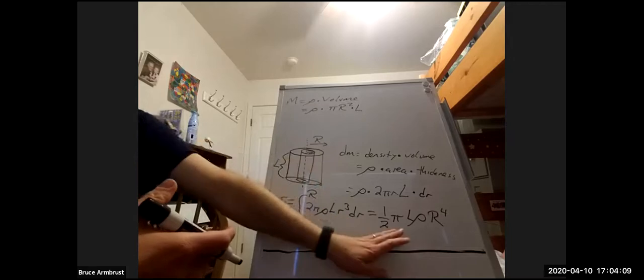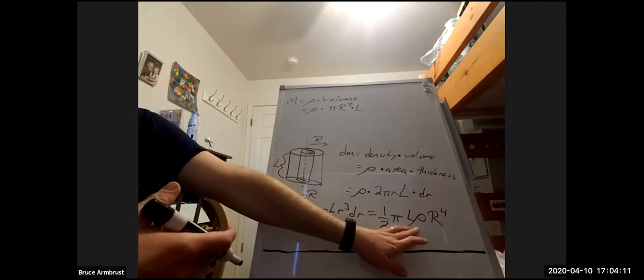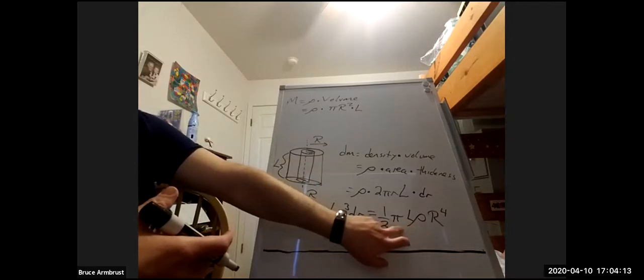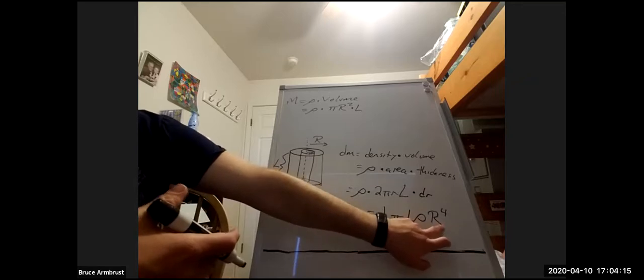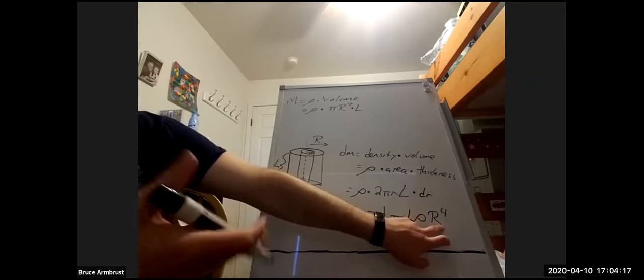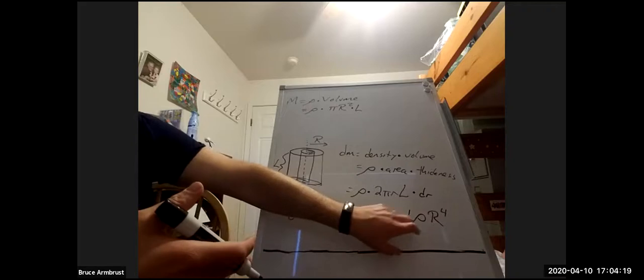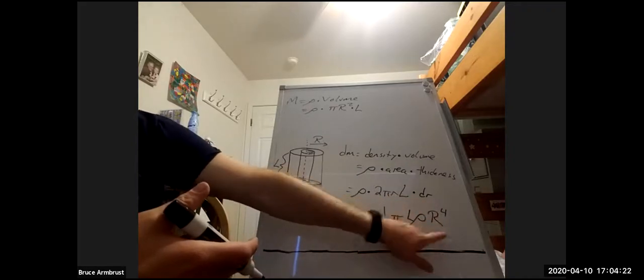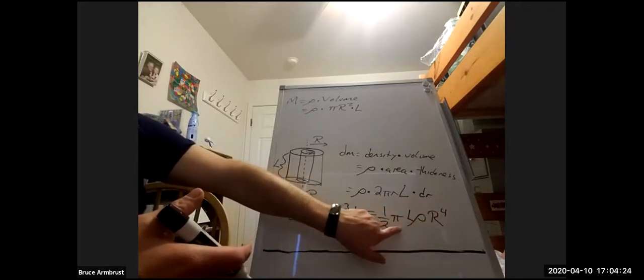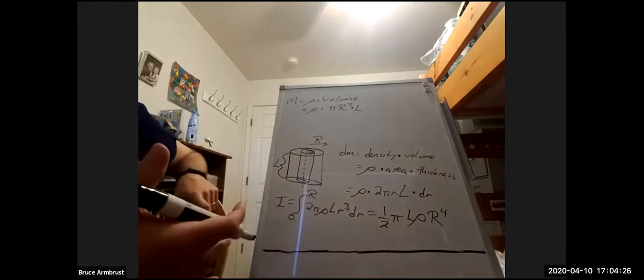And if you look down here at this moment of inertia, you see that there's a rho, a pi, an r squared. We have r to the fourth, but there's an r squared in there, and an L. So I'm going to replace those two r's, this rho, this L, this pi, with an m.